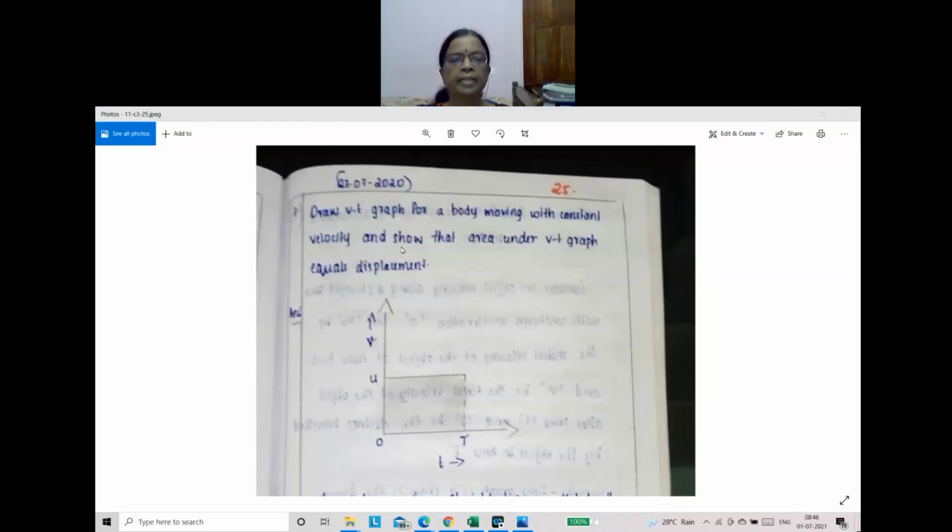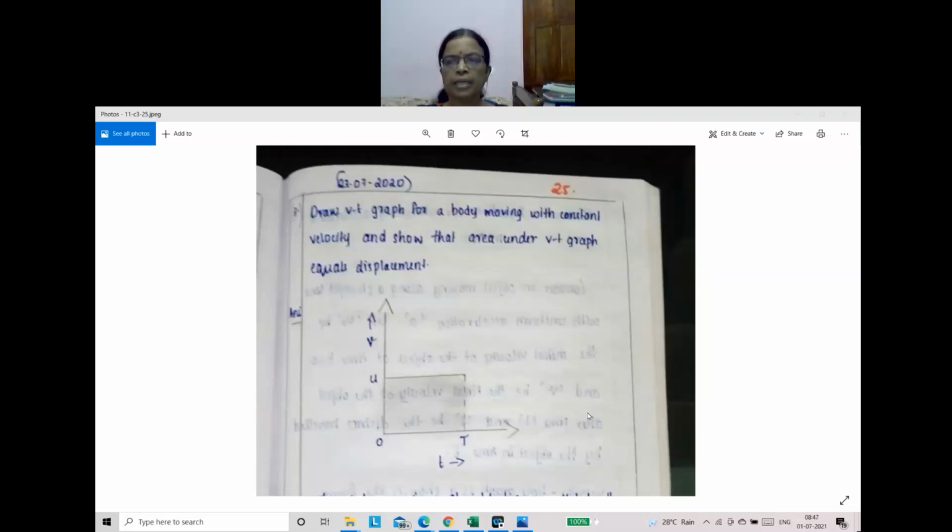Show that the area under the VT graph is equal to displacement. First you have to plot the graph and say that the area under the graph is a rectangle, and for a rectangle the area is length into breadth. Here the length is the time interval, capital T minus 0, and the breadth is U minus 0, the initial velocity minus 0, that is U. So U into T, velocity into time, is displacement.